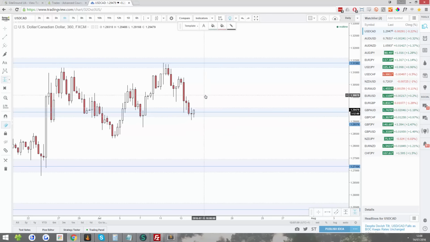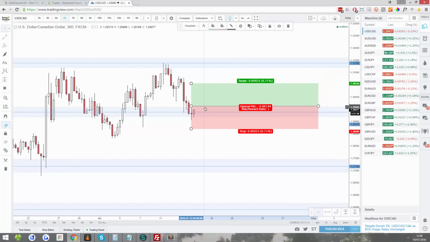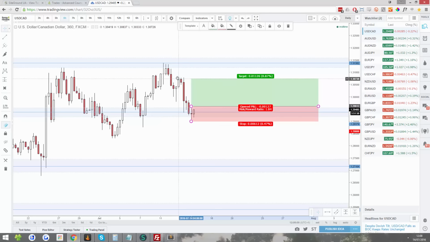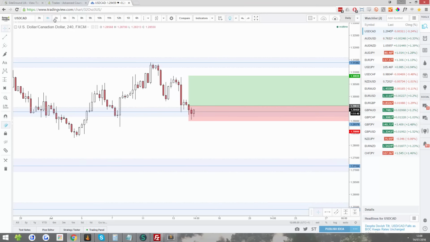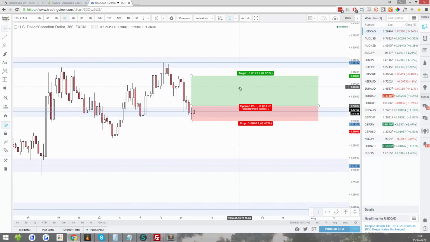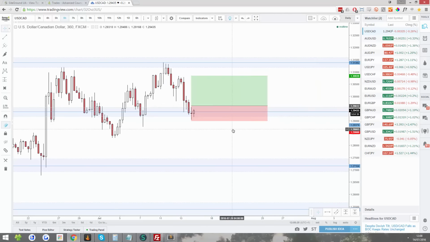Okay. That actually looks pretty decent. This looks like a decent trade.